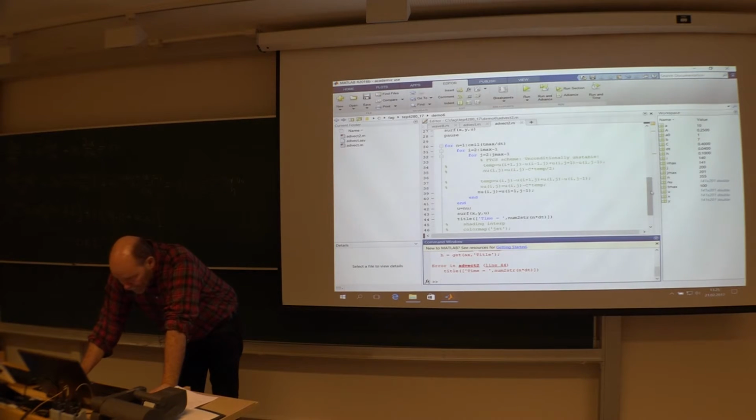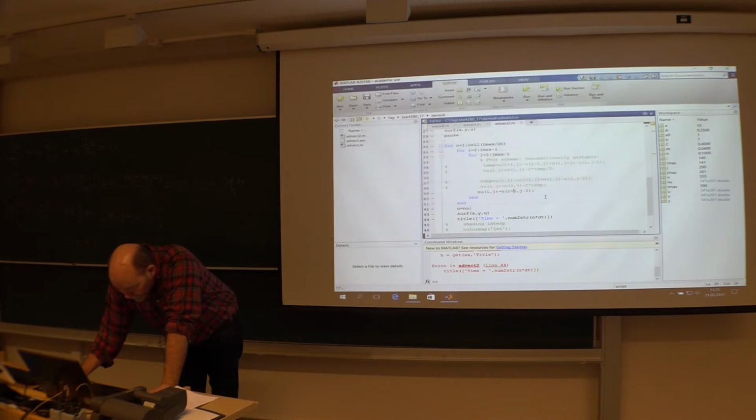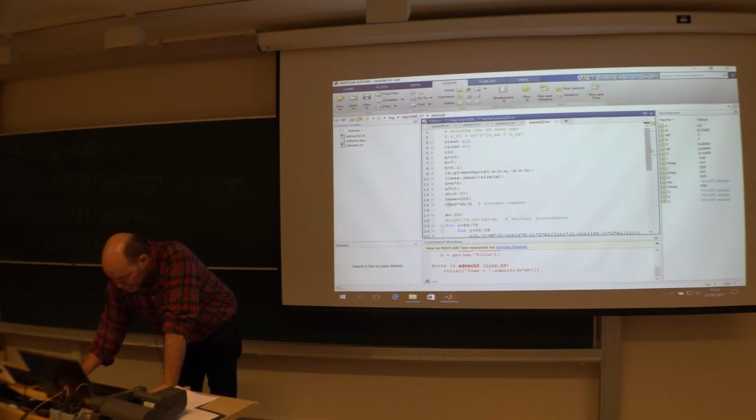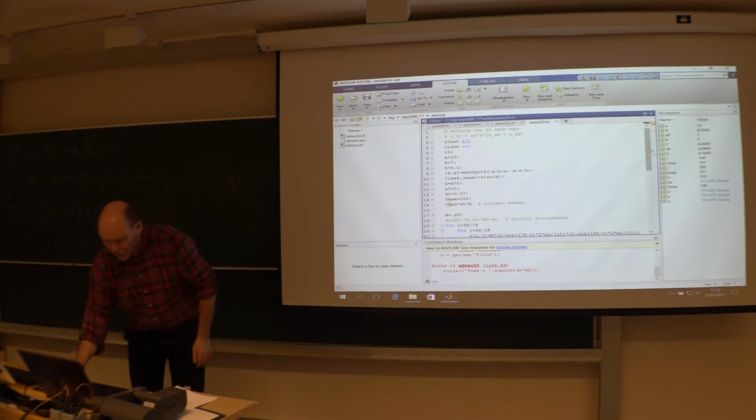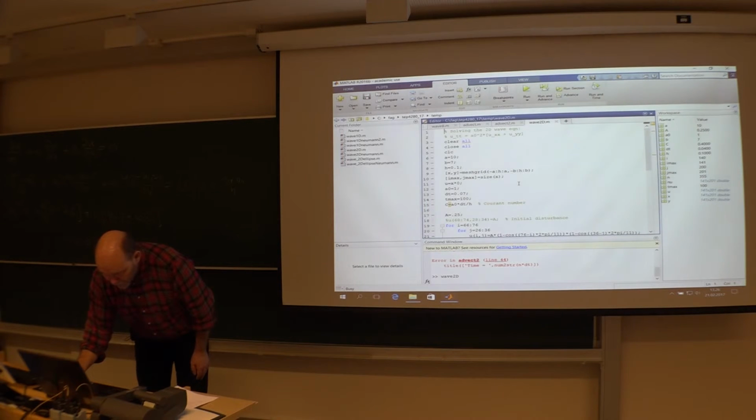Finally, I wanted to show you, let's see, where was the old one? Should be here somewhere. Back to this, the previous demonstration of the wave equation.